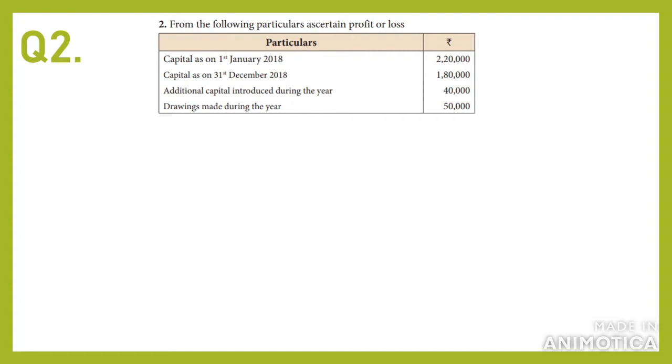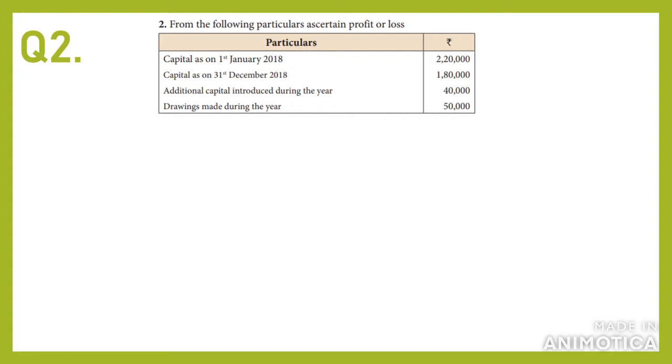From this, I hope you can now determine what is the opening capital and what is the closing capital, right? So what is the opening capital? Opening capital will be 2.2 lakhs because the opening date is 1st Jan. And then the closing capital would be 1.8 lakhs because the closing date for the year is 31st December.